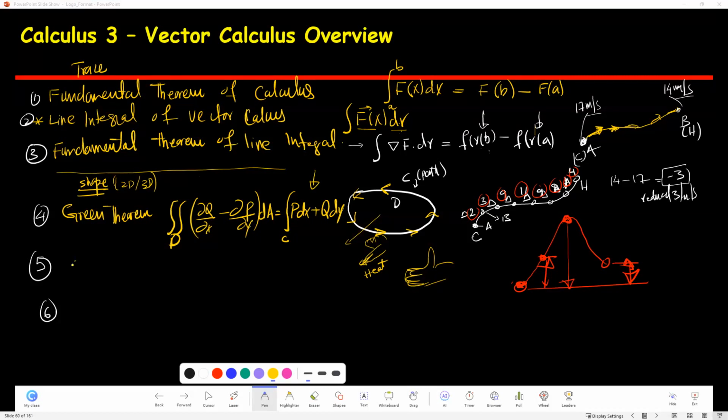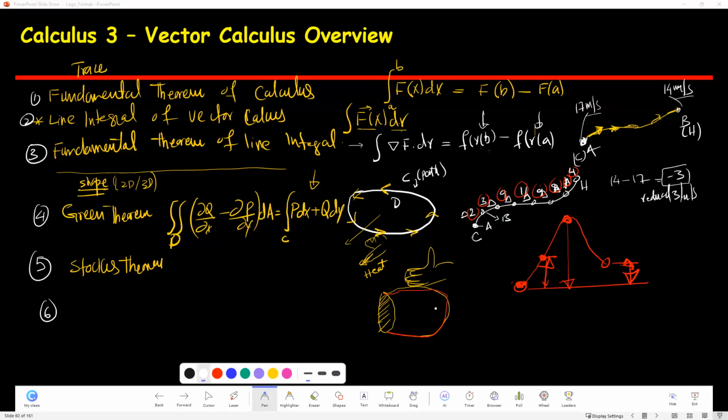Then we have Stokes' theorem. Right? Stokes' theorem is more important. If you have a potato, this is 2D, but the rest of the portion, like the red one, is not 2D, it's a surface.